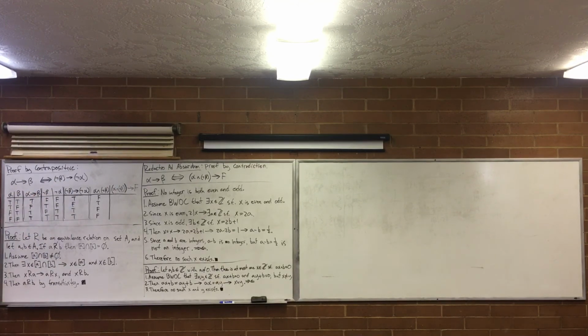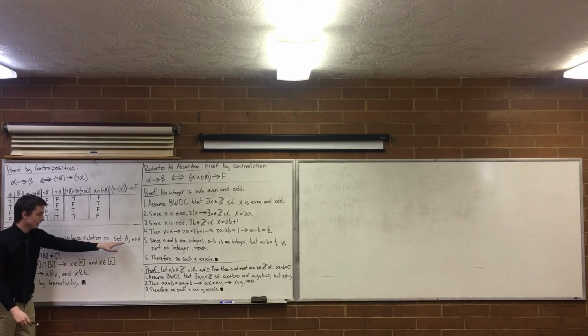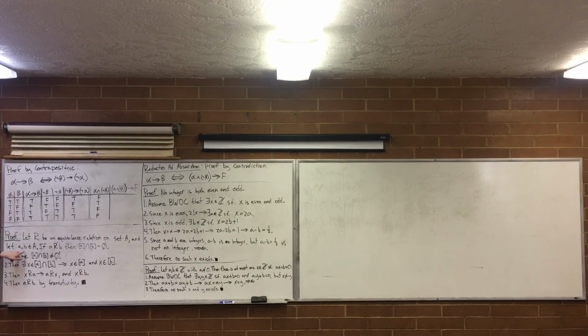So let's do an example where we do the contrapositive. Let R be an equivalence relation on a set A, and let a and b be two elements in A. We're going to prove that if a is not related to b, then the intersection of their equivalence classes is the empty set. This is something we already did. So, re-wrap your head around what we're saying here.